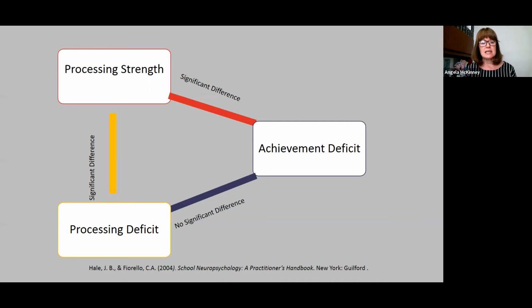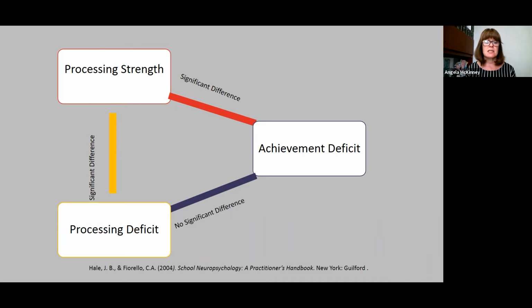So what I see is, well, you've got highs and lows because I've got high cognitive skills, but I have a low academic area. And that's, again, not what pattern of strengths and weaknesses means. It's looking at your cognitive profile, and you're going to have some strengths and weaknesses there. And the same thing within your achievement areas as well.